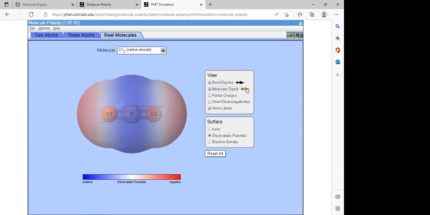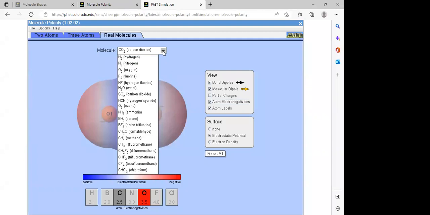When I click on the yellow here, there is no true molecular dipole. Are there bond dipoles? Sure. What is a bond dipole? It's the pull for shared electrons. But this cancels out, right? In fact, we can put the electronegativities up here. Oxygen's 3.5, carbon's 2.5. So this is a non-polar molecule.